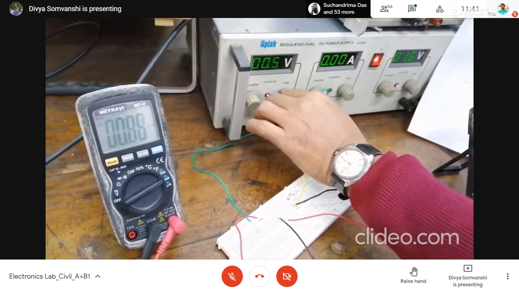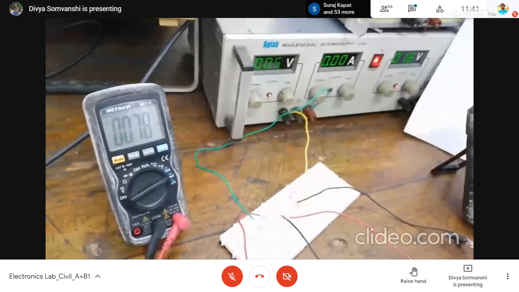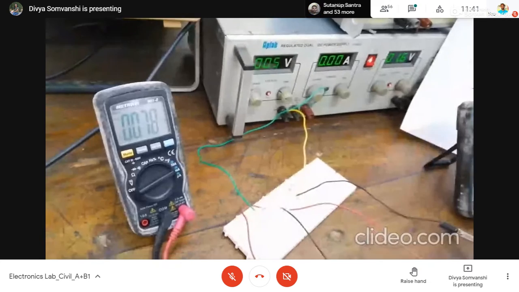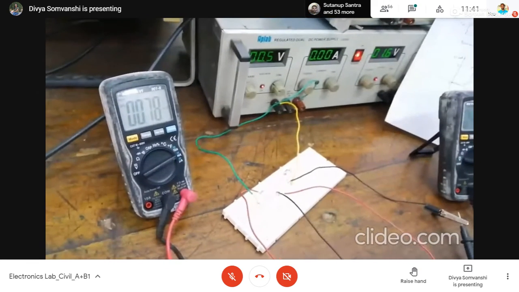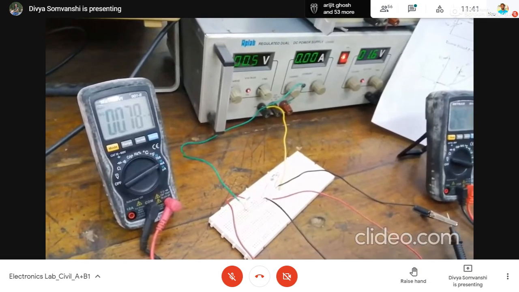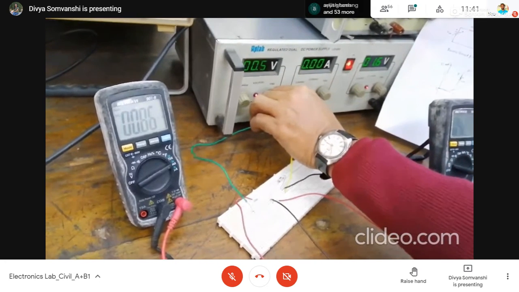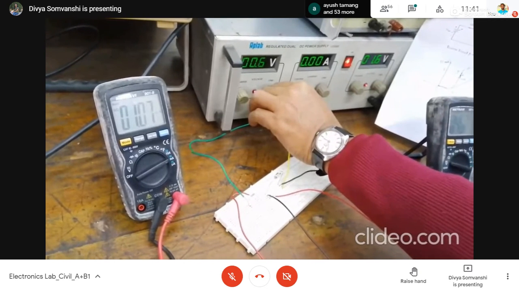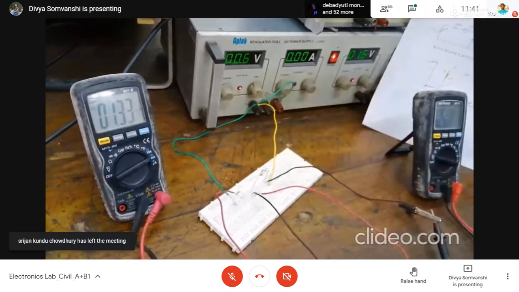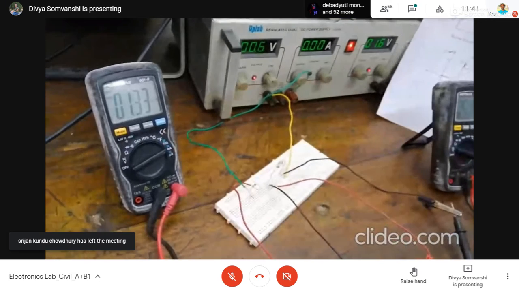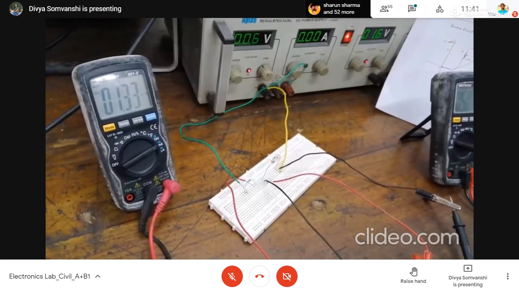If I further increase to 0.4 volt, the current is 0.78 milliampere. If I again further increase to 0.5, you see an appreciable amount of current passing through the diode.